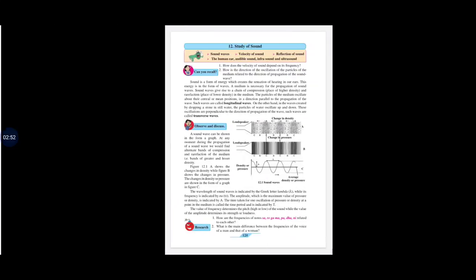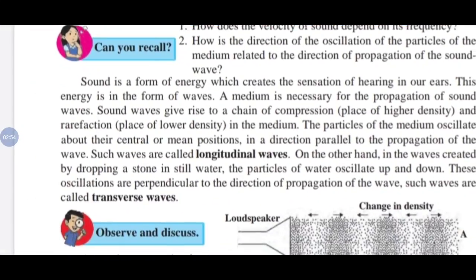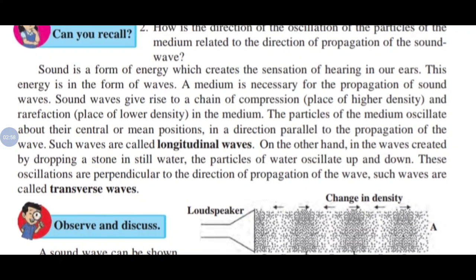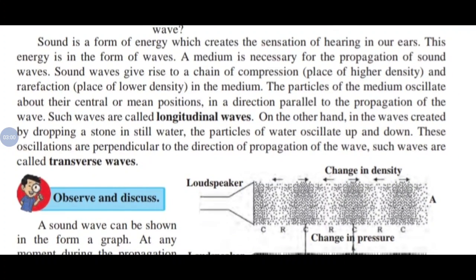Next, come back. Now see here. What are the basic concepts given in the first paragraph? Sound is a form of energy which creates the sensation of hearing in our ears. What is sound?